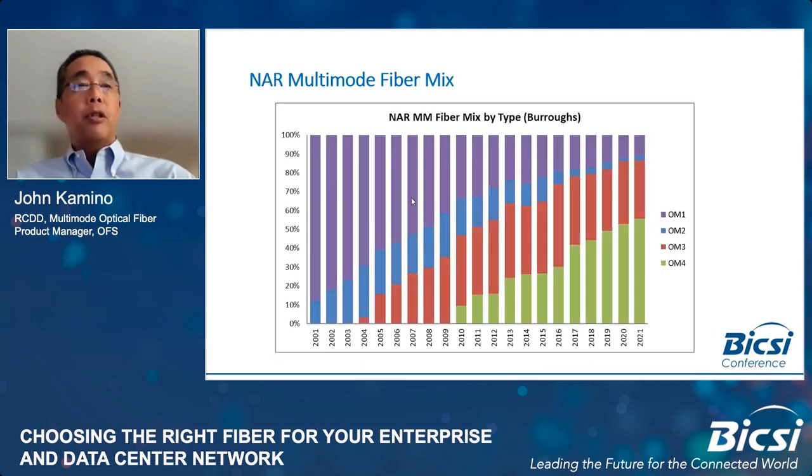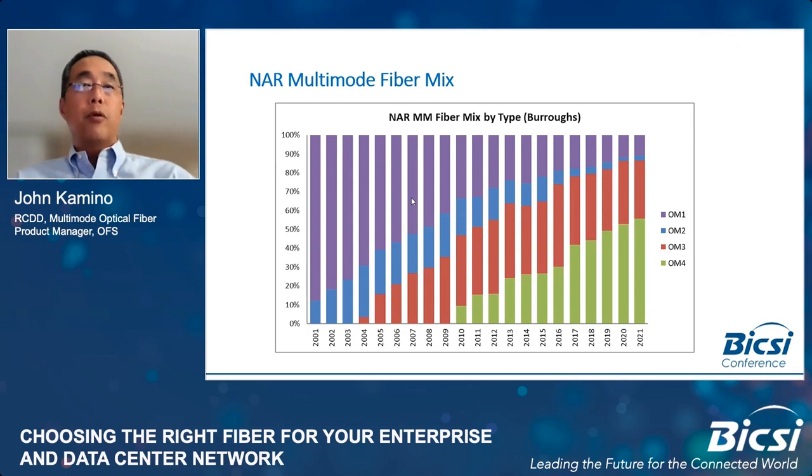If we look at the North American market, we can see how the market has changed over the past 20 years. In 2001, the vast majority of fiber was OM1 62.5 micron fiber, and only about 10% of the fiber was 50 micron OM2 fiber.